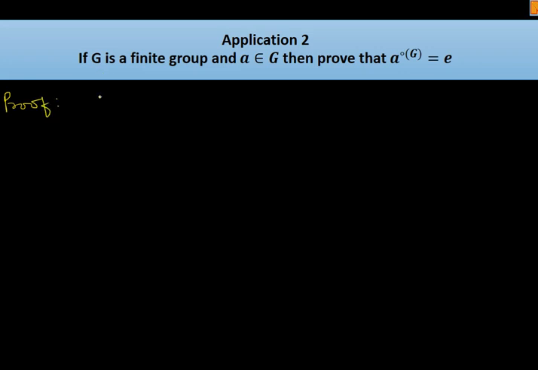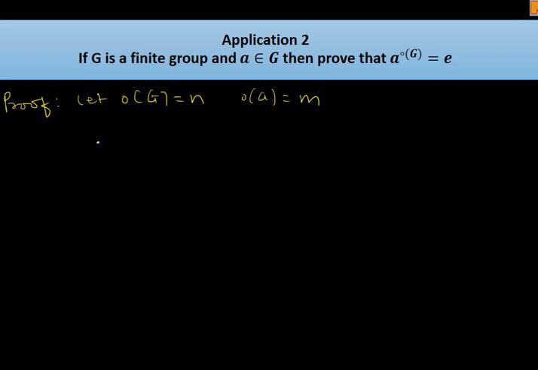G is a finite group, that means it contains a finite number of elements. So let the order of G be equal to n. Now there is some element, and an element of a finite group definitely possesses some order. So let the order of that element a be equal to m.